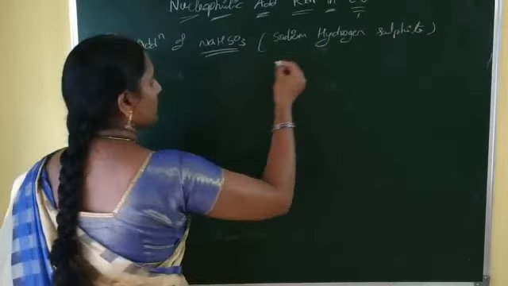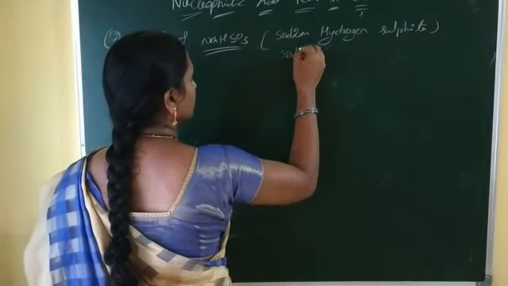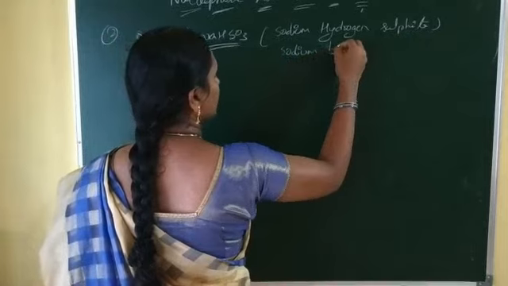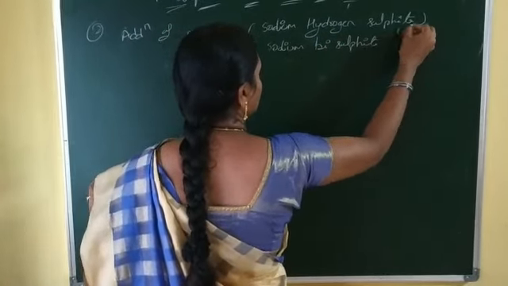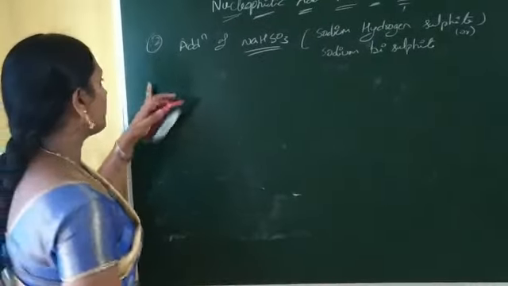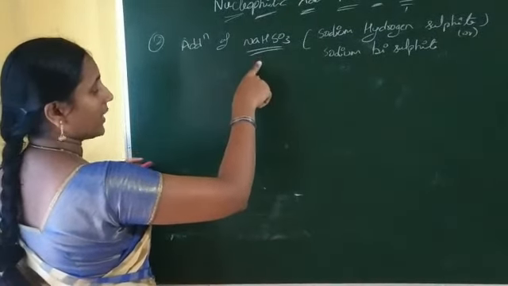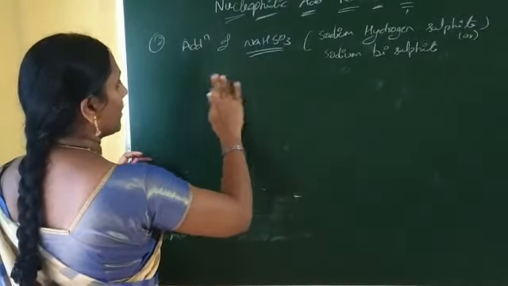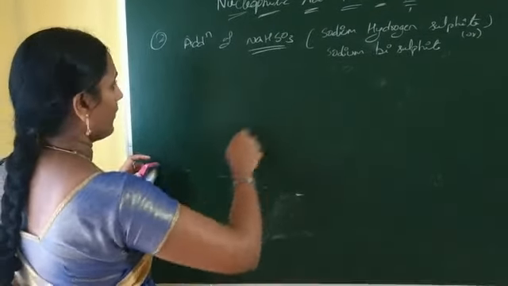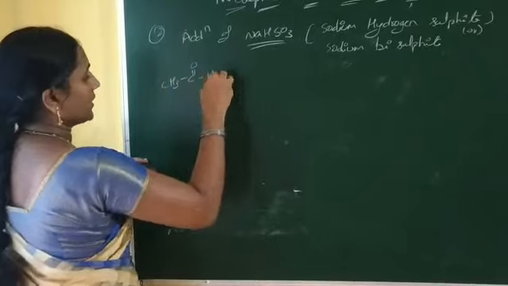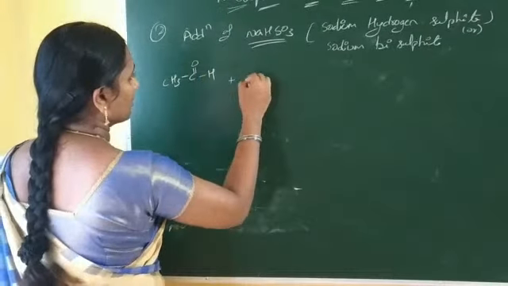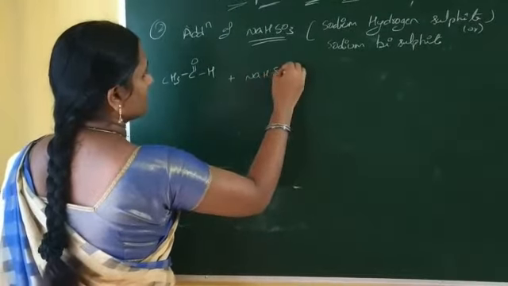Another name of this compound is sodium bisulfite. Now a carbonyl compound is treated with sodium hydrogen sulfite to form a carbonyl bisulfite. Now you take acetaldehyde. Now acetaldehyde is treated with sodium hydrogen sulfite.